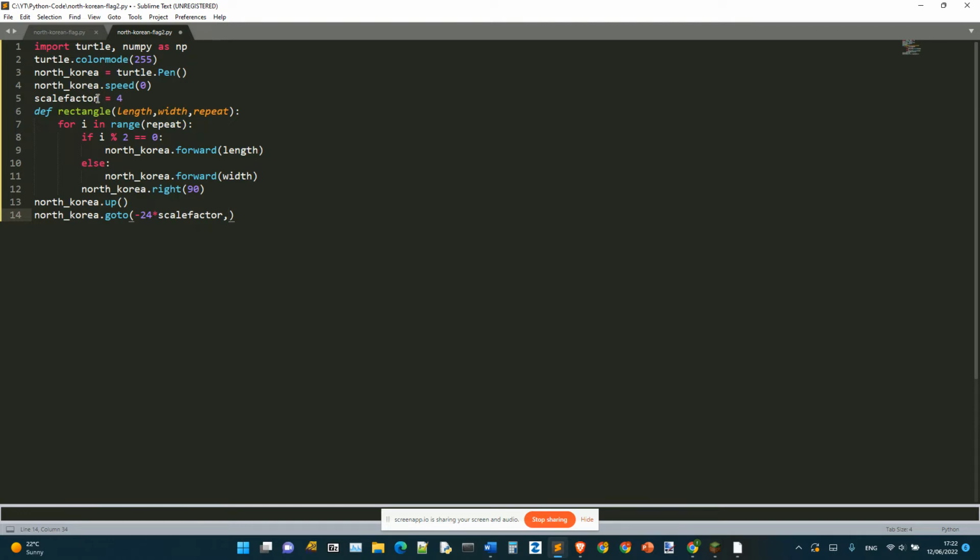Actually, for the sake of simplicity, we're going to call scale factor SF, because it means scale factor, in case you forget.